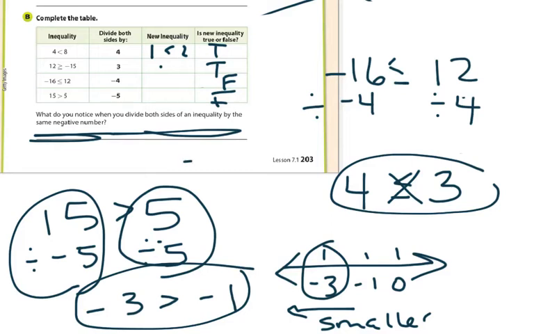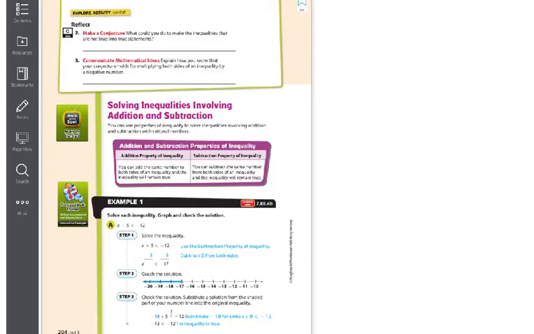We would have to say that negative 3 is actually less than negative 1, and so we would have to reverse the inequality sign. Okay, so looking at the next page up here, what would you do to make the inequalities that are not true into true statements? You would just simply flip the inequality.